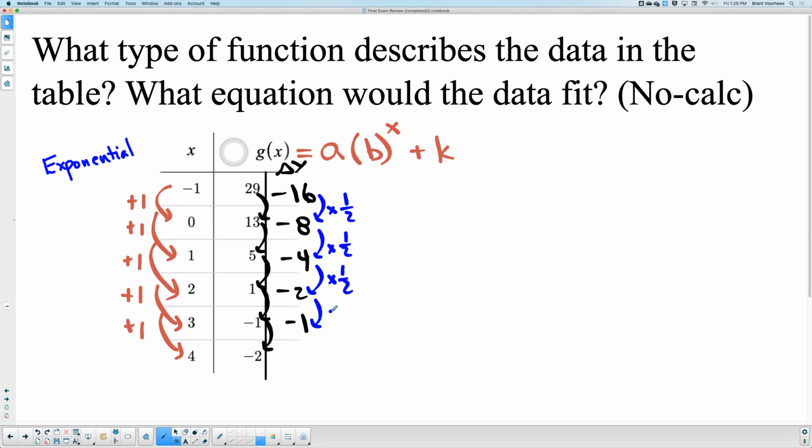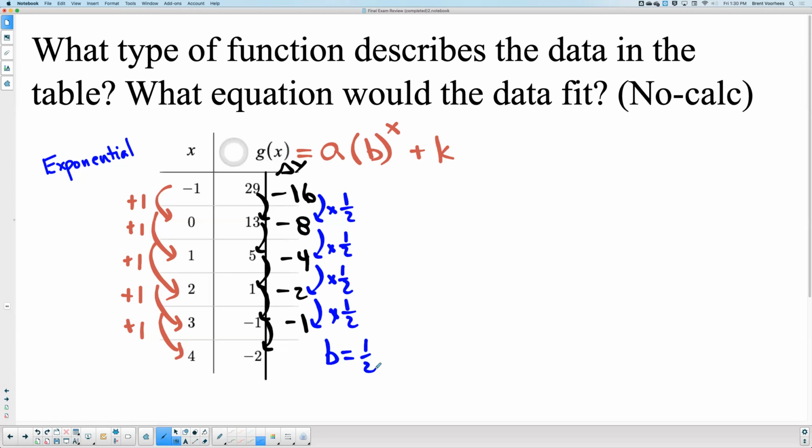So what does that find for us right there? A? It's the base. The base is the value, no matter if it's a logarithm or exponential, that's doing the multiplying. So what letter is base? B. So how do we find our A and our K?